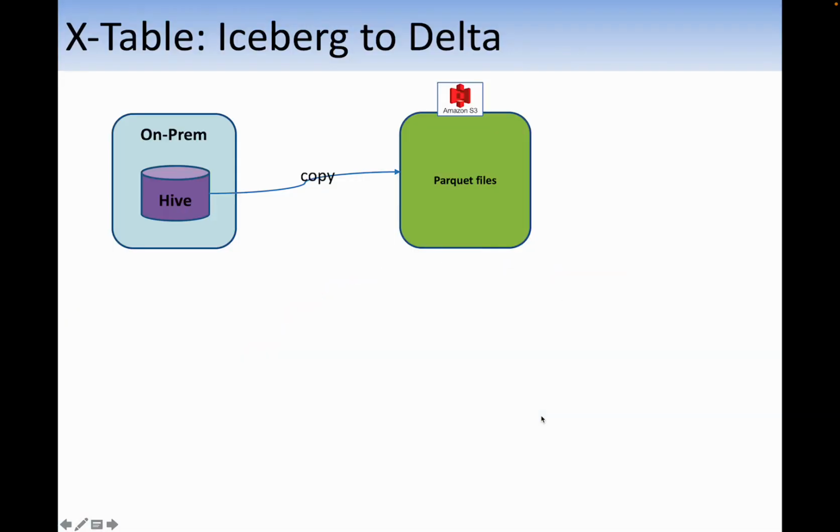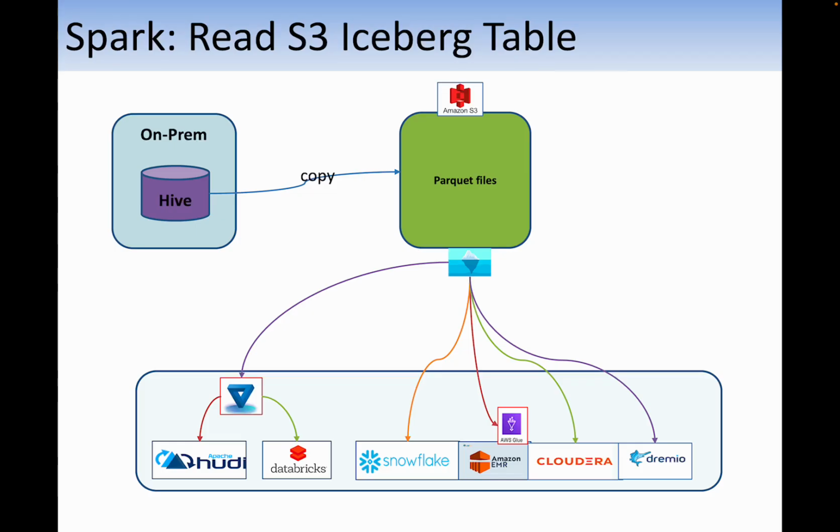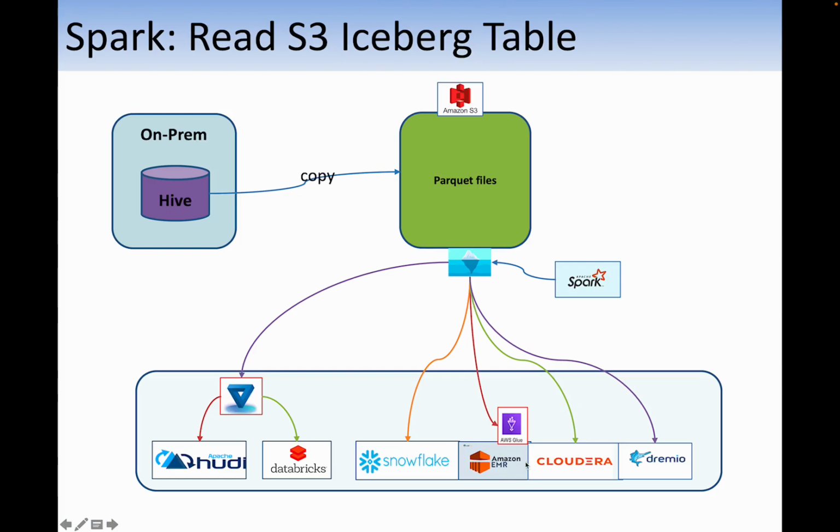So let's go back once more. What we did today: we copied from on-prem to Parquet files. We created an iceberg table using Spark. Then we created a glue table and attached that Spark iceberg table to glue. Then we inserted data using Spark into glue, and the iceberg table was automatically updated, inserted, and deleted.